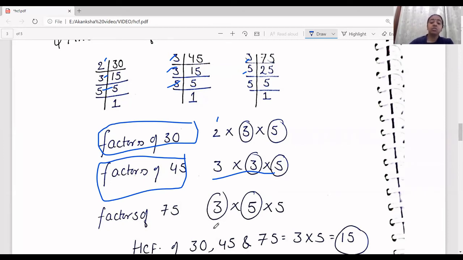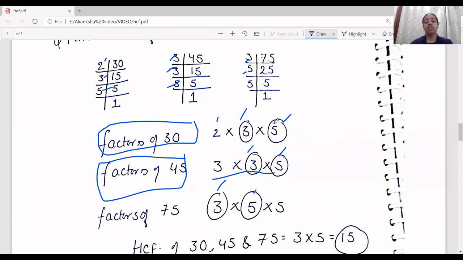Now, out of which you're supposed to find out the highest common factor. Let's find out the common factors first. So what is common between the 3? 3 is here also, 3 is here also, and 3 is in the 75 factorization also. Now 5 exists here also, 5 exists here also, and 5 exists here also.